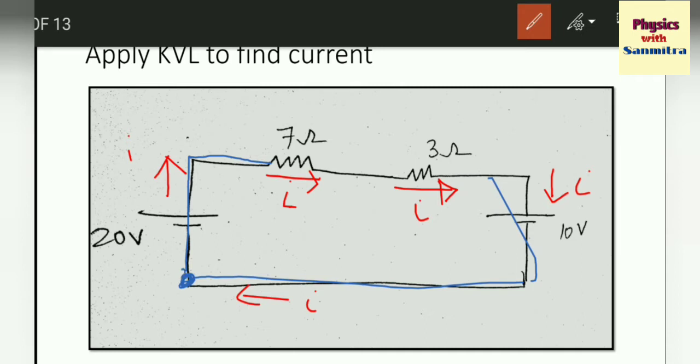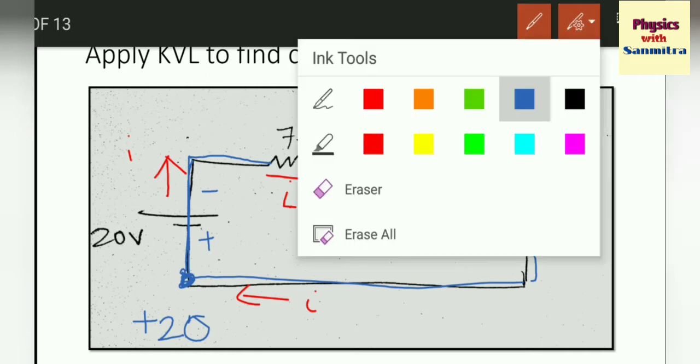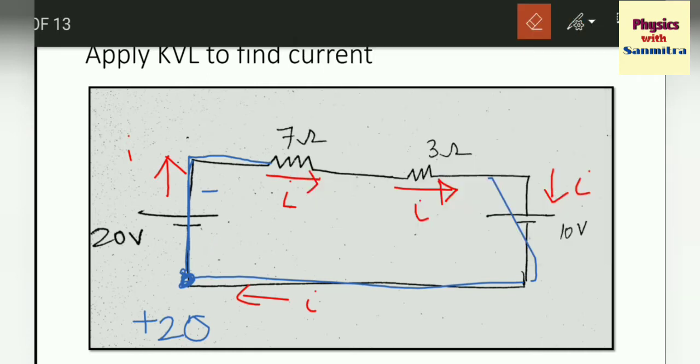Moving up from here, there will be a plus 20 volt because I am moving from the negative to the positive. So there will be a direct jump of plus 20 volt, because this is at a higher potential than this. So I am starting from here, then plus 20.